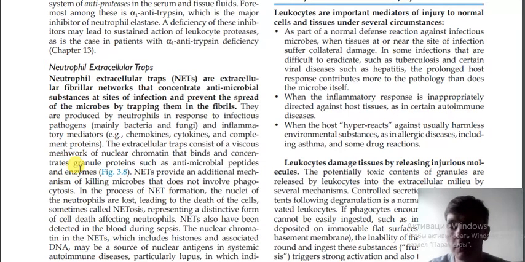Neutrophils sacrifice their nuclear components, just burst their nuclear components into the extracellular matrix, and on the surface of this DNA are located proteins, and they use their own chromatin just like traps for bacteria.